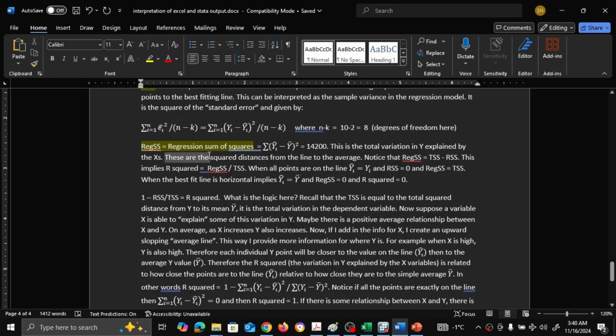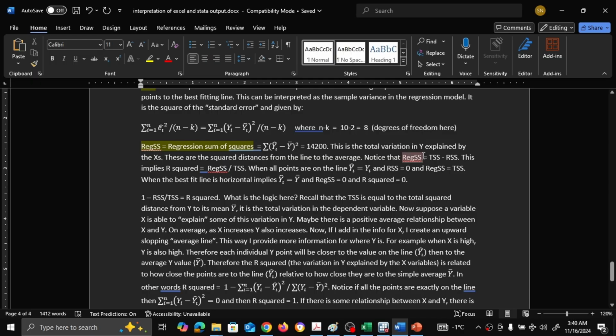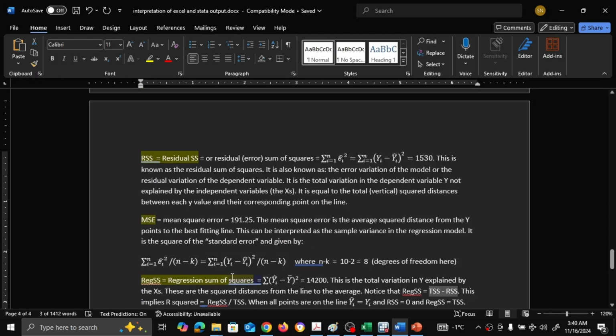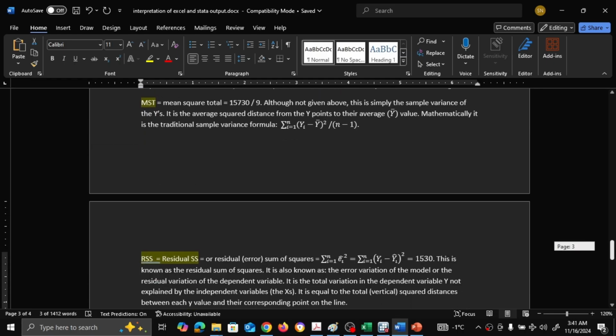These are the square distances from the line to the average. Notice regression SS equals TSS minus RSS. So this reg SS you can compute if you know the total minus the residual. This is the reg SS.